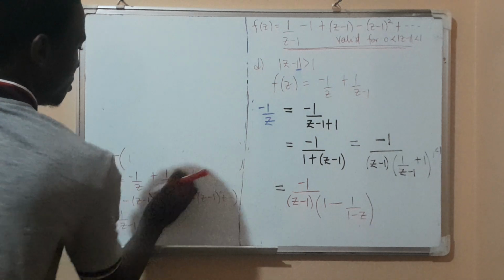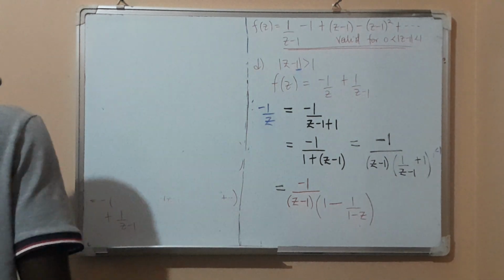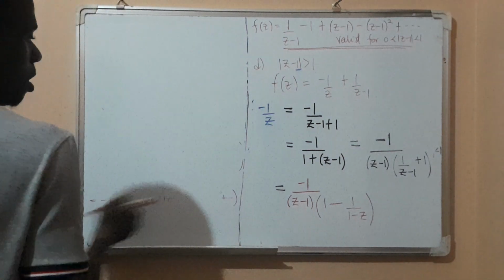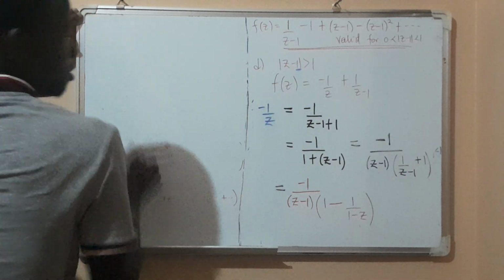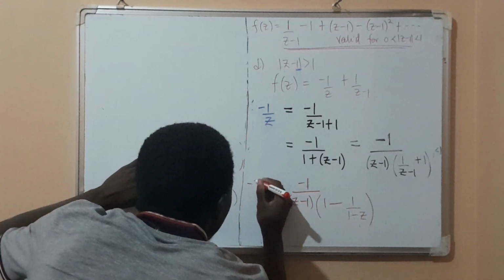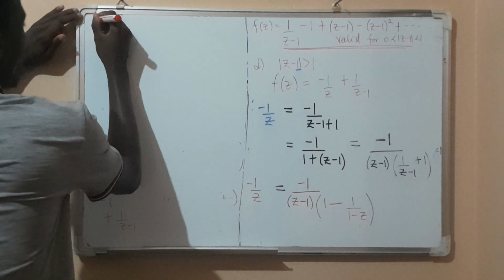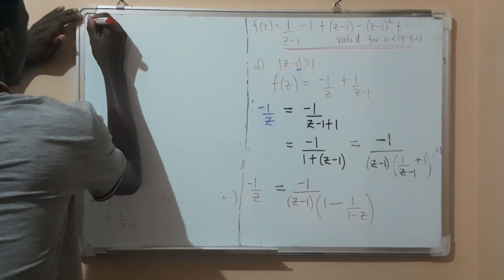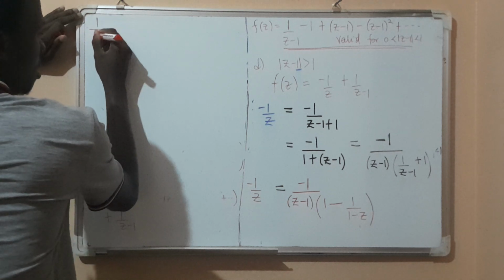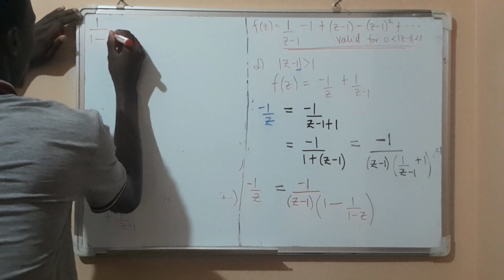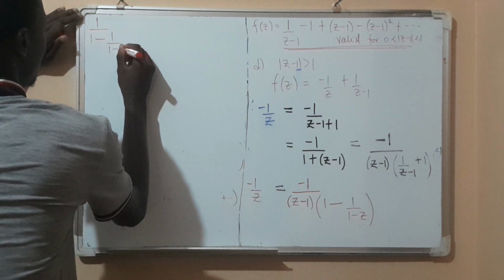So this is negative 1 over z. So I'm going to expand negative 1 over 1 minus z.